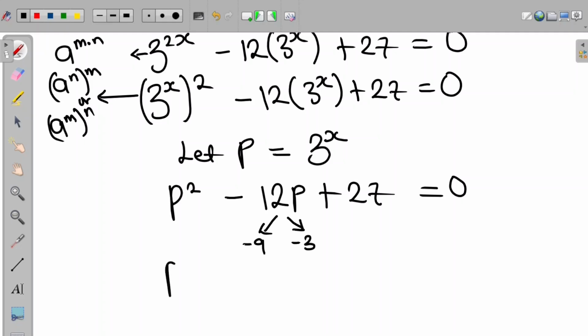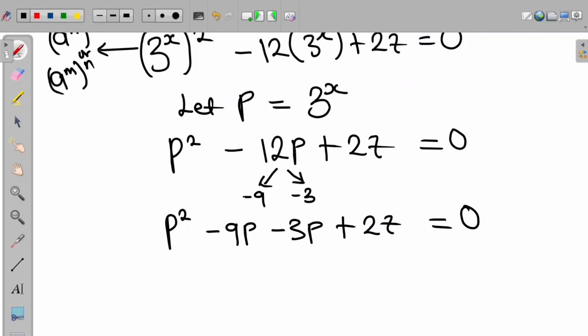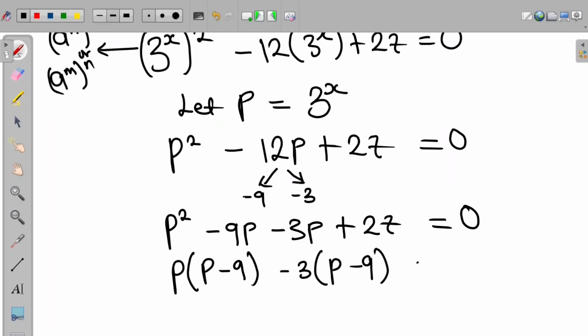So we have p squared minus 9p minus 3p plus 27 equal to 0. So this simply becomes p open bracket p minus 9 close bracket minus 3 open bracket p minus 9 close bracket is equal to 0.